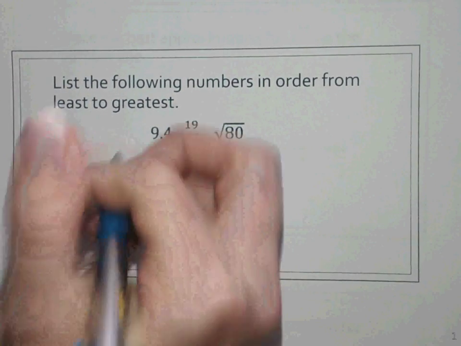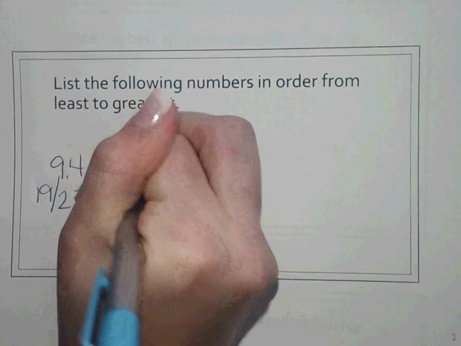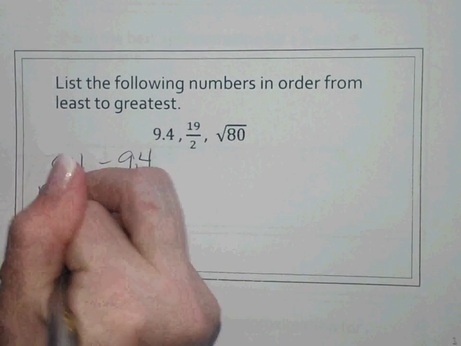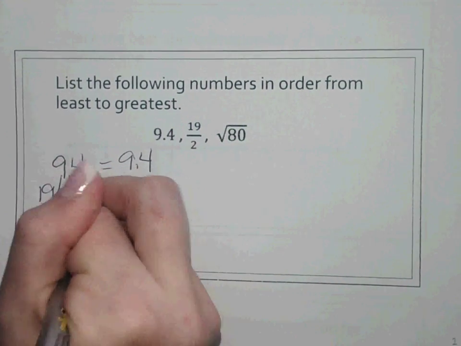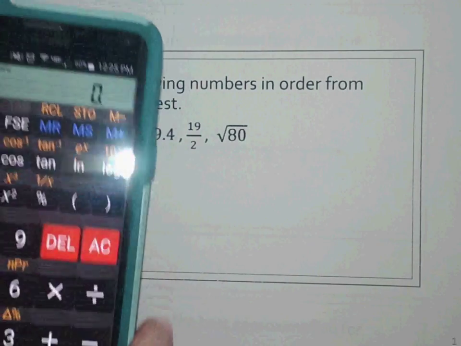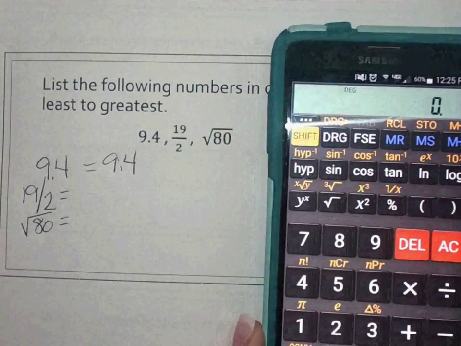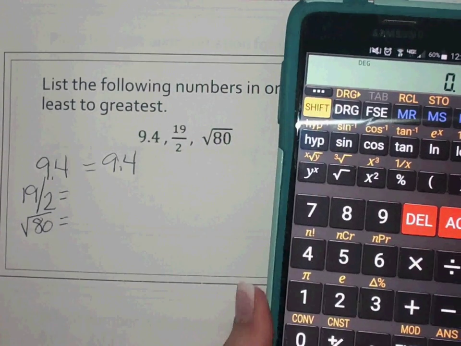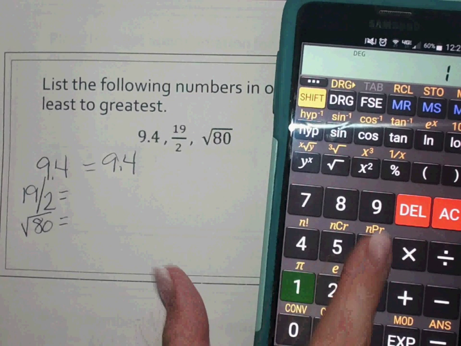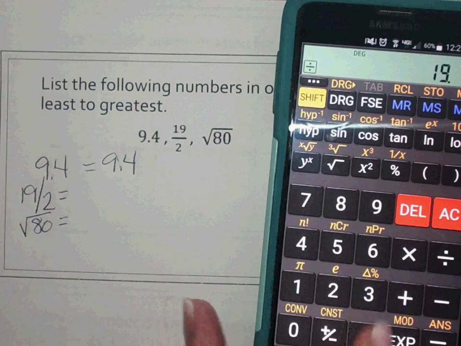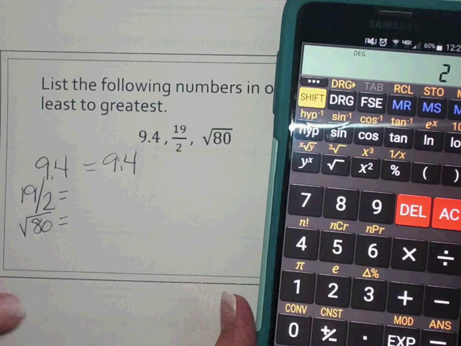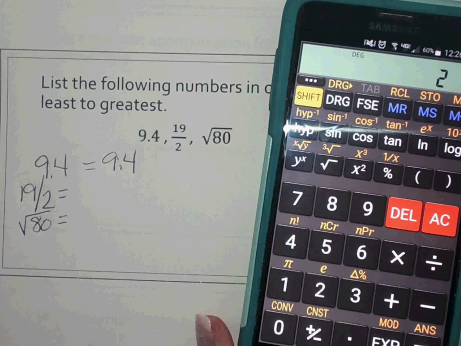So I want to go ahead and rewrite these all as decimals so that I can compare them a little more easily. So I've got a calculator, and the next one is 19/2. If you've got your calculator, it's probably easier just to type these in to change them, or you could use some of the methods that we have done before.